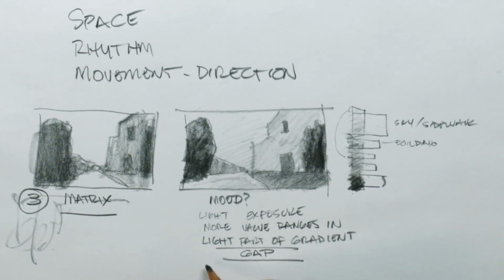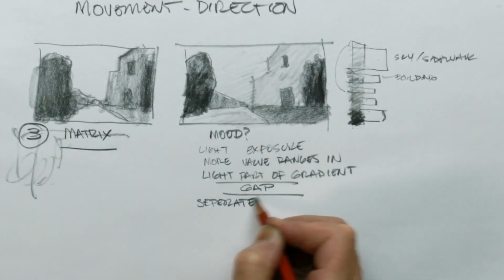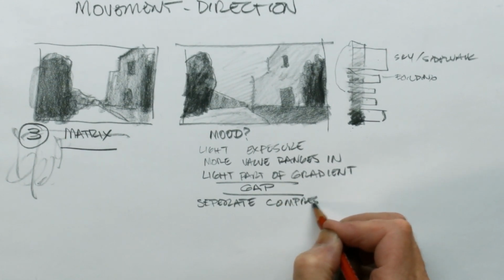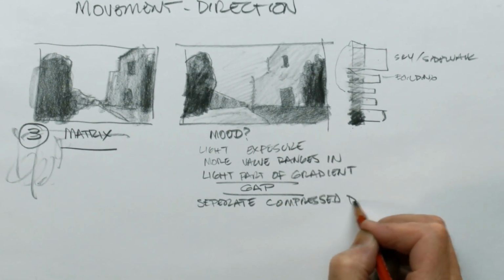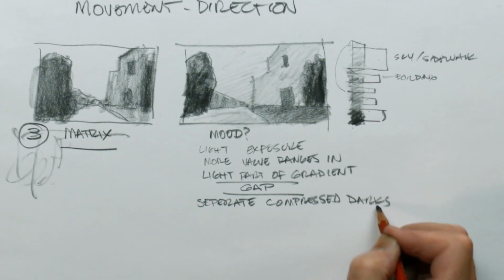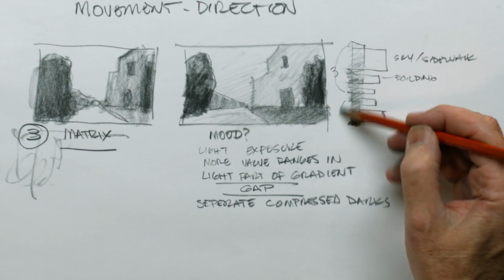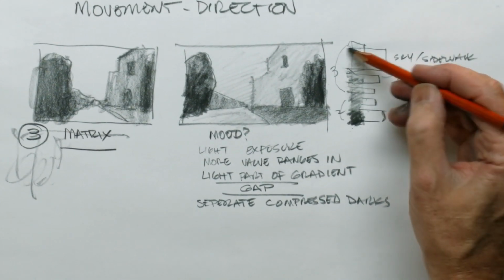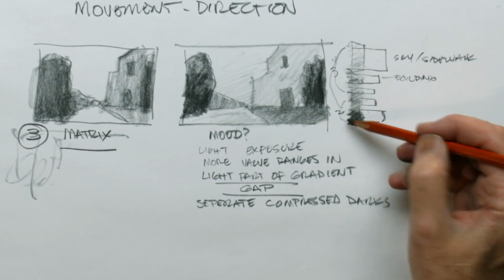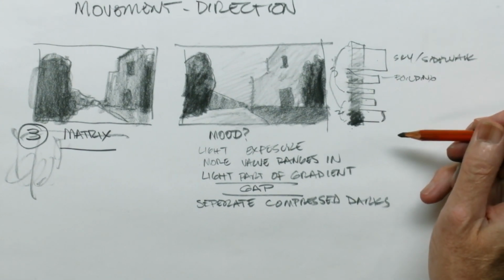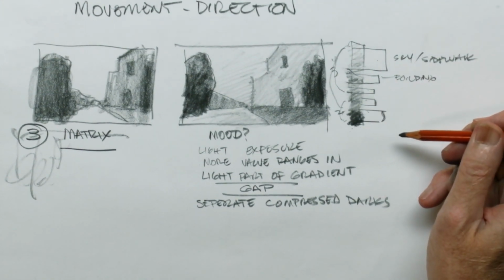Okay? And then you have separate dark, and compressed. Okay? So it could be 3 to 2. Okay? It could be 4 to 1. Okay? But you need a gap. You got to have the gap in there.